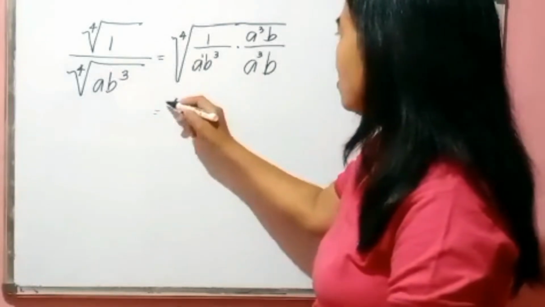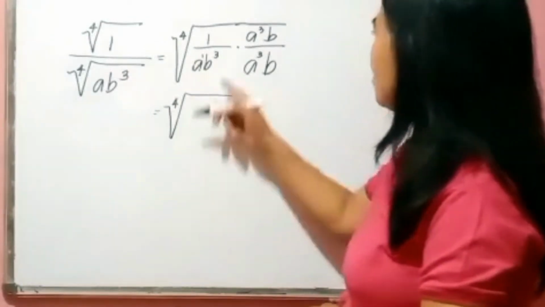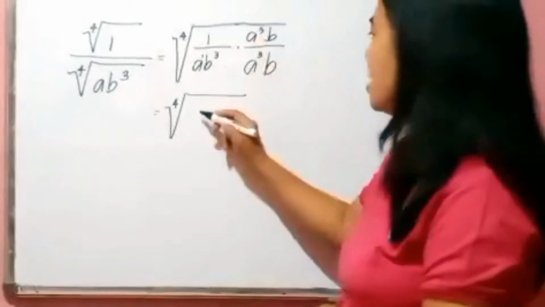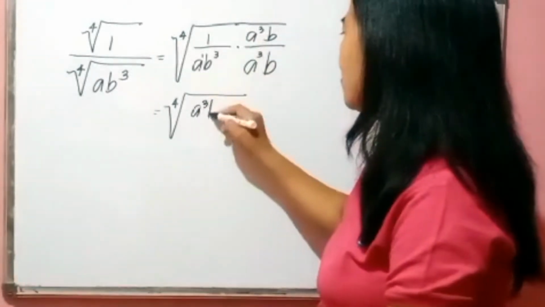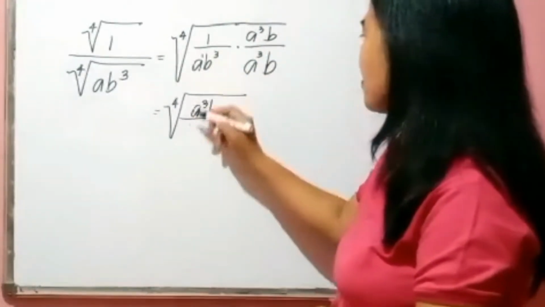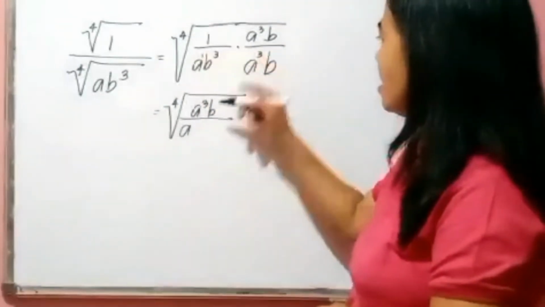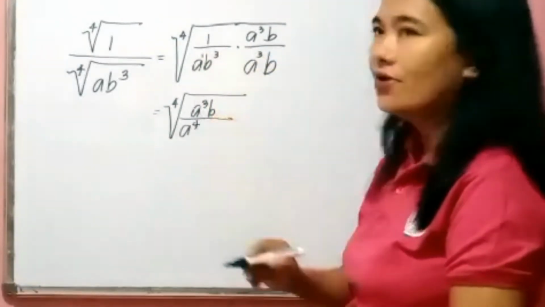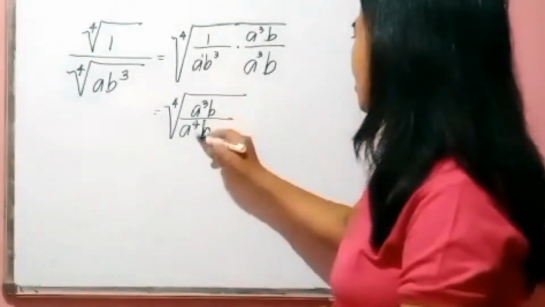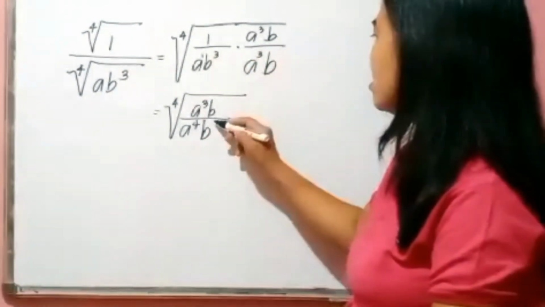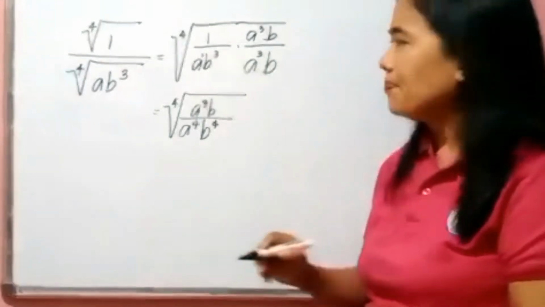So, alam mo na, 1 times A cubed B is A cubed B. Over, apply na natin yung sum of exponents. So, meron tayong 1 plus 3, so that's A to the 4th. And then sa B, meron tayong 3 plus 1, so 4 pa din. Okay?